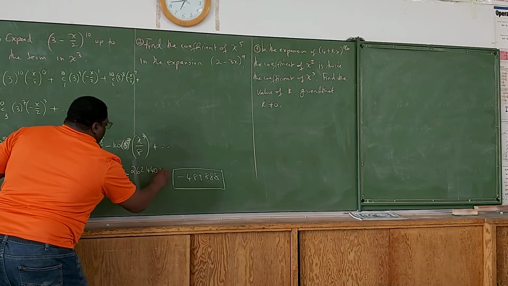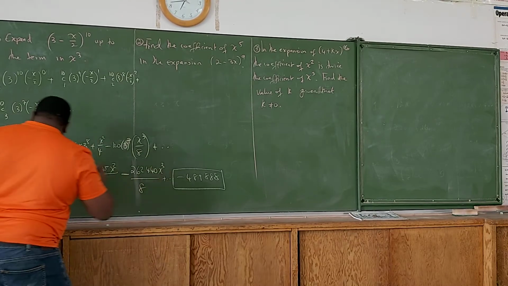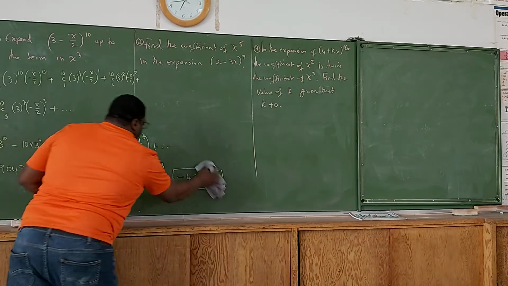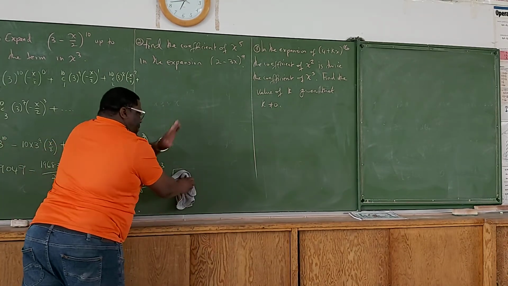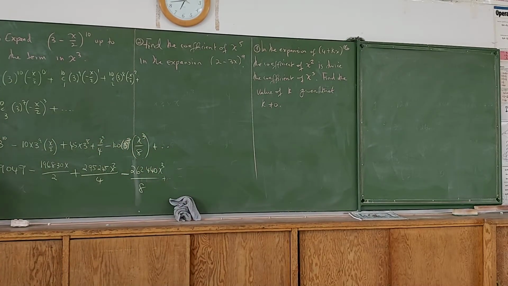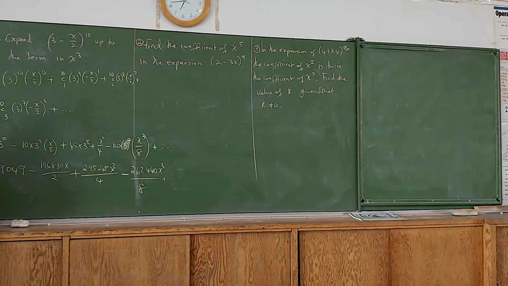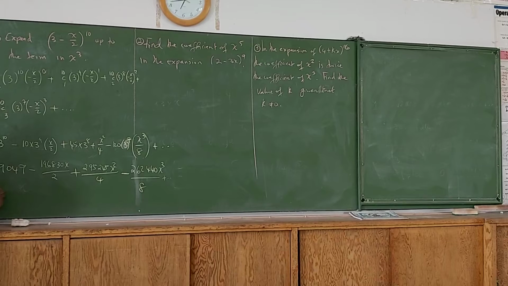262,440 x cubed over 8 plus dot. Now go ahead and divide those answers for me. What is this final answer going to be? This one will remain 59049.